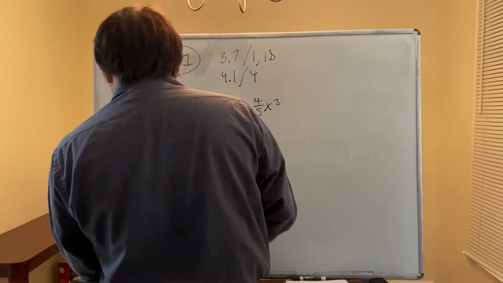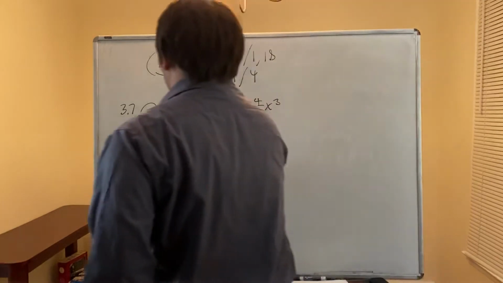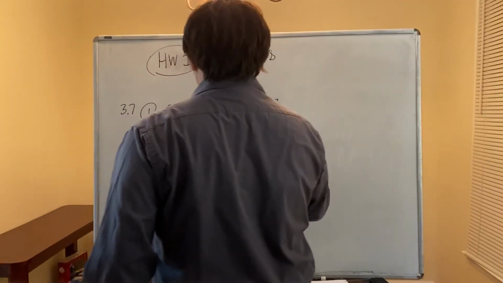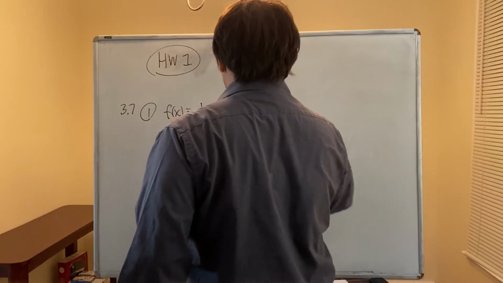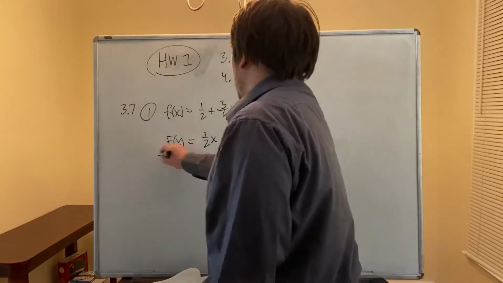And so the most general antiderivative is capital F of x equals 1/2 x plus 1/4 x cubed minus 1/5 x to the 4th plus c.